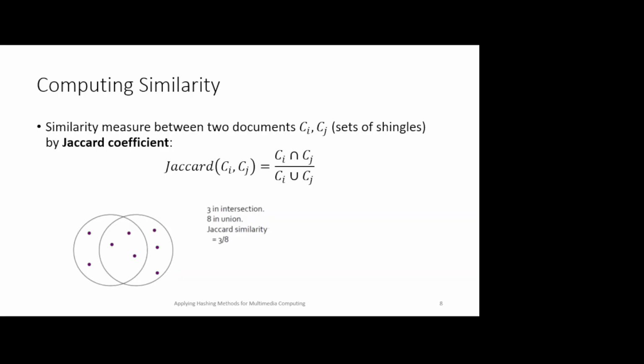You can count, there are 8, right? So the similarity is the intersection divided by the union, which is 3/8. This is what we call the Jaccard coefficient. It's a very simple computation to measure the similarity between two sets. Any problems?